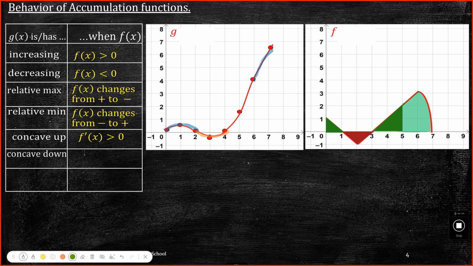And concave down would be what? F prime of x less than 0. So to follow it, f prime of x is less than 0. It's the slope of the velocity, less than 0.